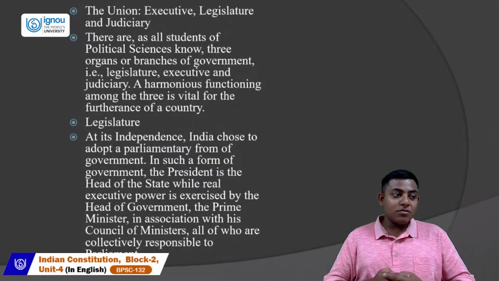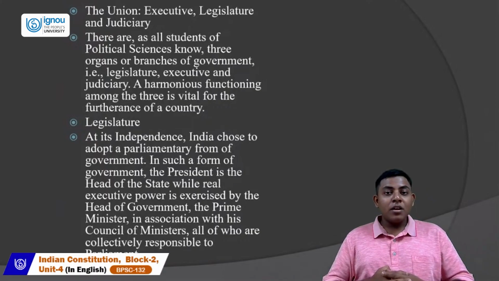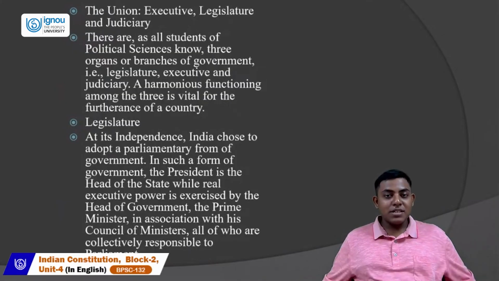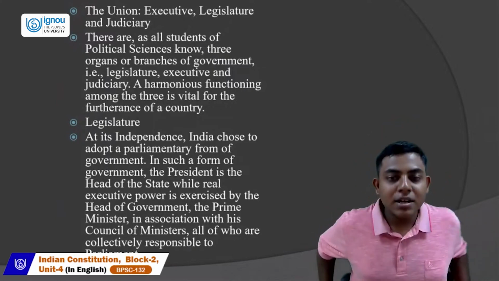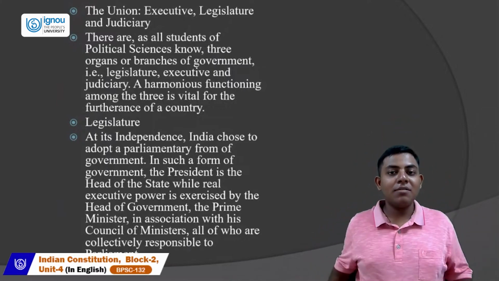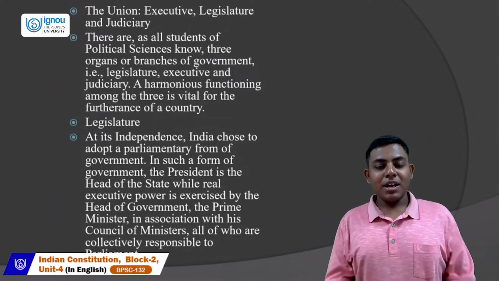It says that the Council of Ministers shall be collectively responsible to the House of the People, that is the Lok Sabha. So basically, if the Lok Sabha passes a no confidence motion against the Council of Ministers, then the government has to resign. The government falls.